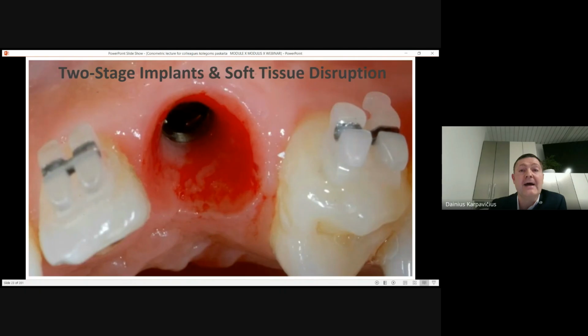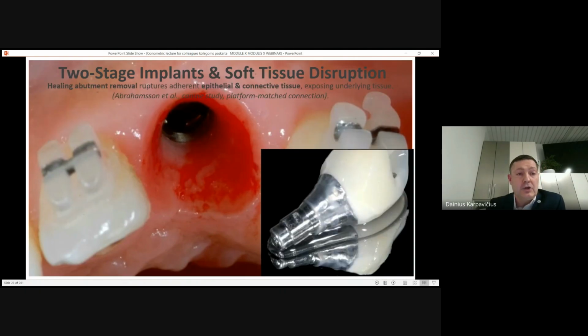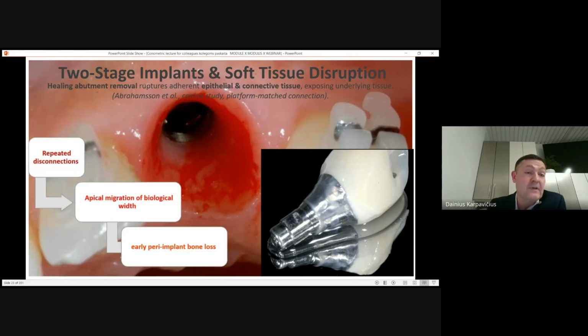And from some investigation of Dr. Abrahamson with his team, they found that these repeated disconnections might cause early peri-implant bone loss, and later on, of course, might cause peri-implantitis.